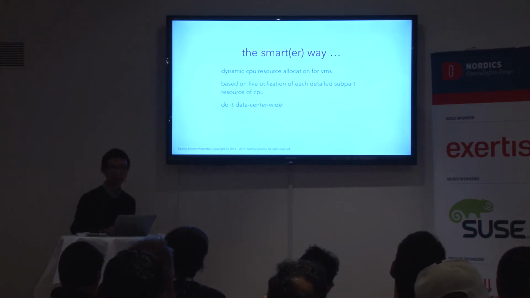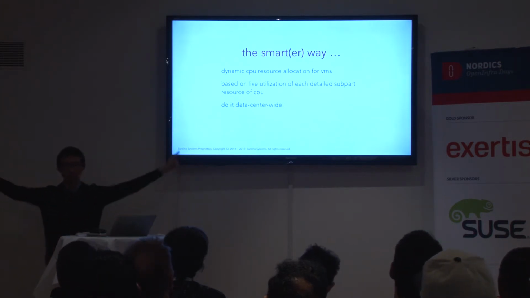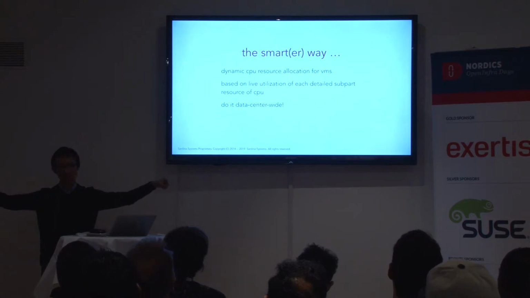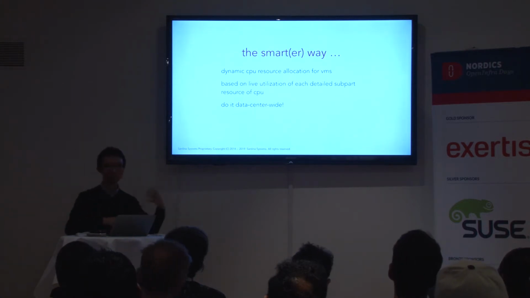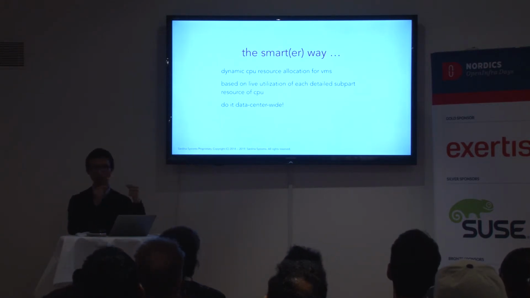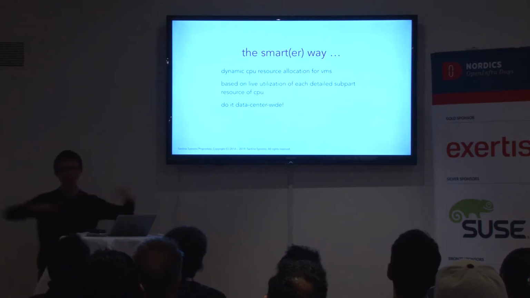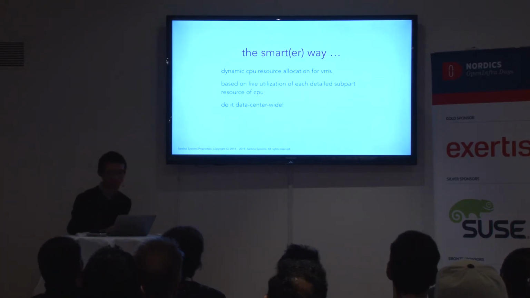And then you do it data center wide. Basically, you apply the concept of what the kernel does in load scheduling process to the CPU resources, but you do this facility wide. Yeah?